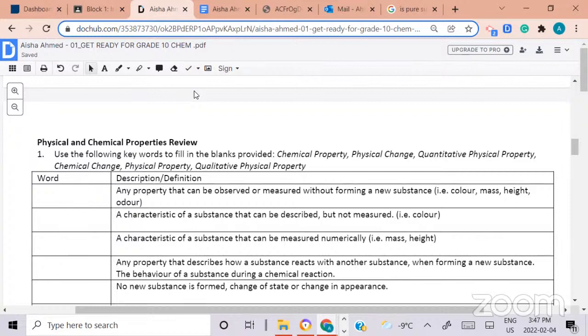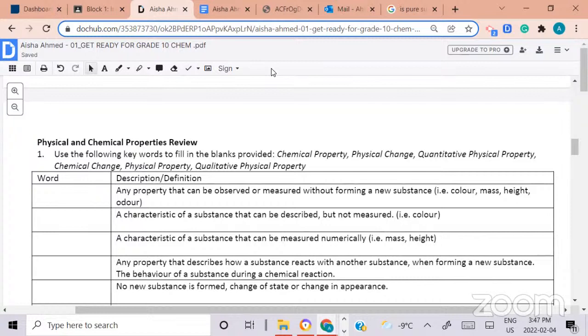Okay, so now we're not forming a new substance, which means there are no chemical changes happening. So that's definitely not an answer. Physical change is not a property per se. It's not a change, it's a property.